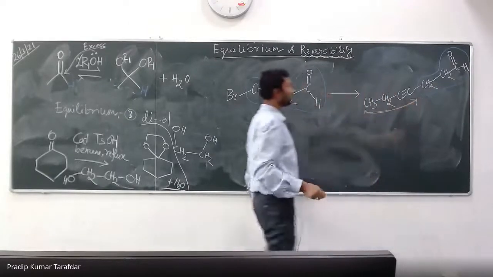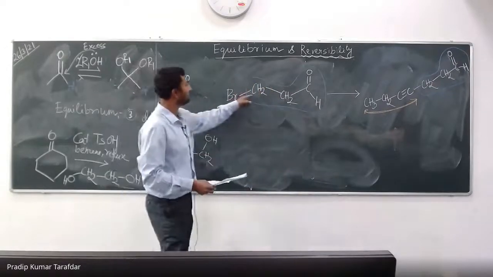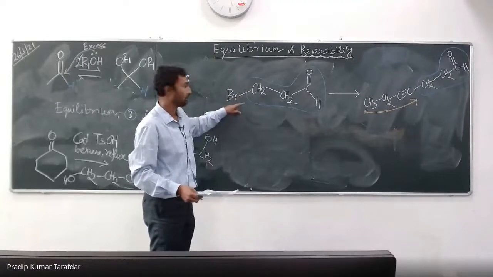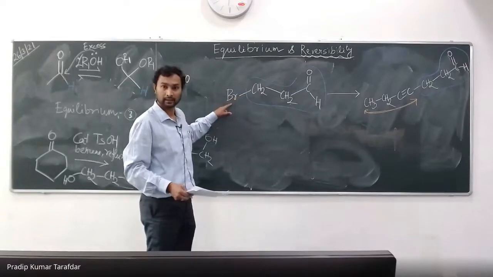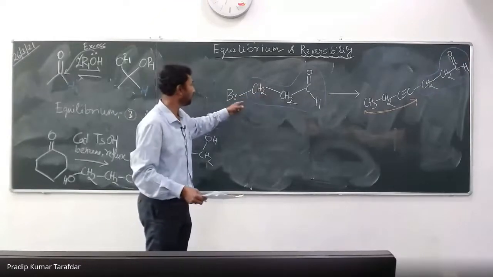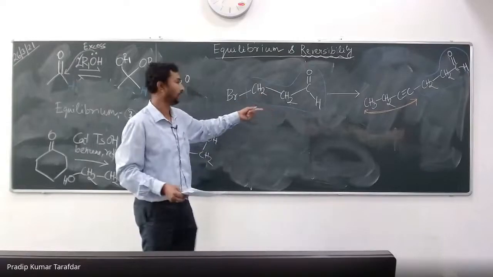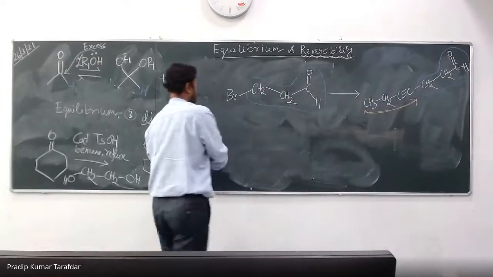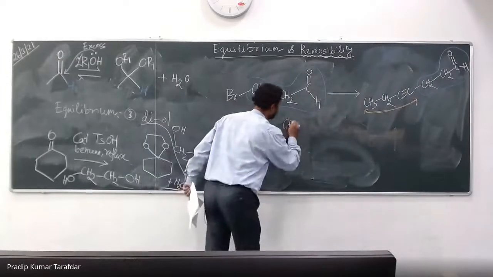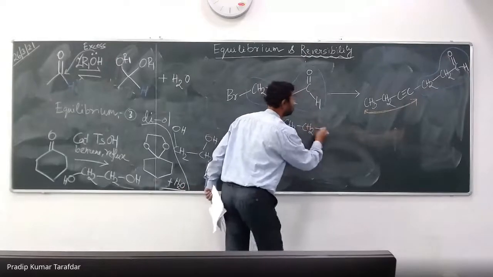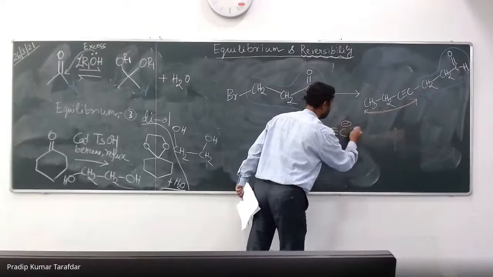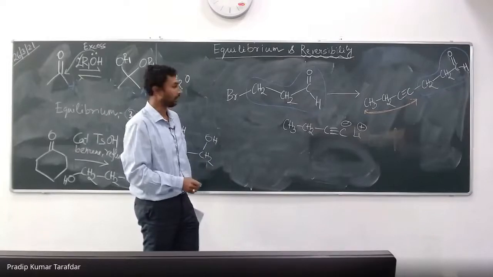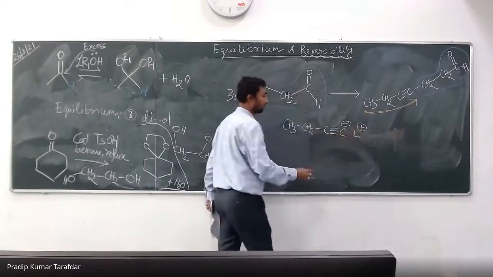How I can join is very easy, because I can do a substitution reaction. I know this is RX; if I give a nucleophile, then I will get R-Nu. And if my nucleophile is this, then I should get this. So that is the strategy. Suppose I use CH3CH2-C triple bond C minus Li plus as my nucleophile. I should get it from this C-H.